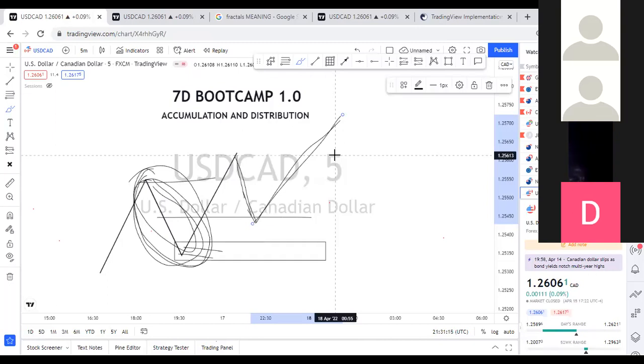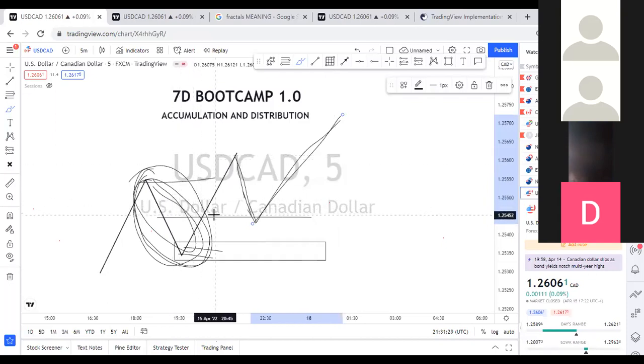Okay, so say you see a break of structure on H4, what time frame do you expect to see the redistribution or reaccumulation, H4 or lower time frame? Now, two things I do, because like I said, price is fractal.